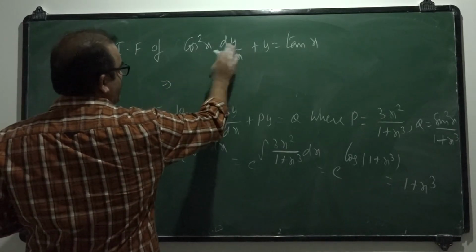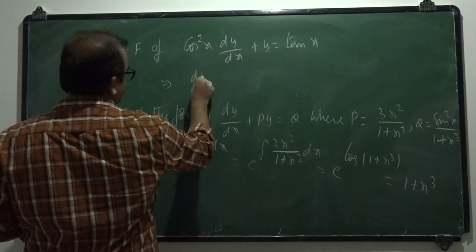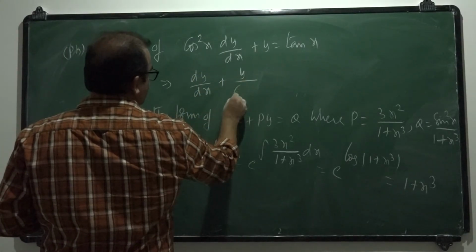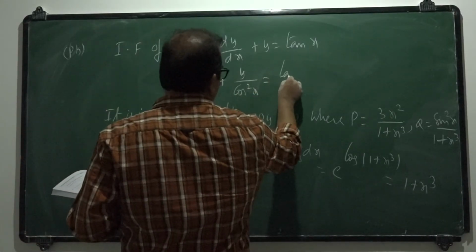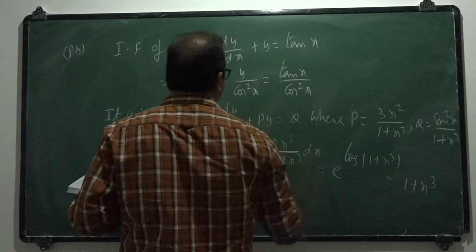Here divide both sides with cos square x, then we get dy by dx plus y by cos square x is equal to tan x by cos square x.